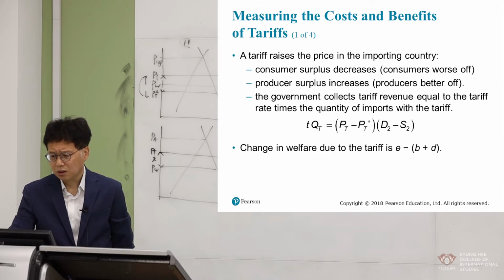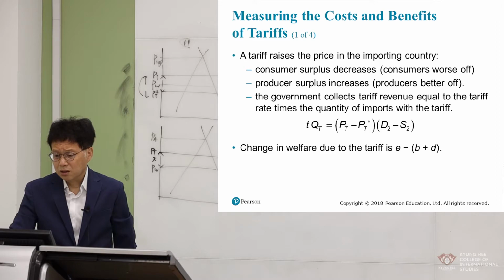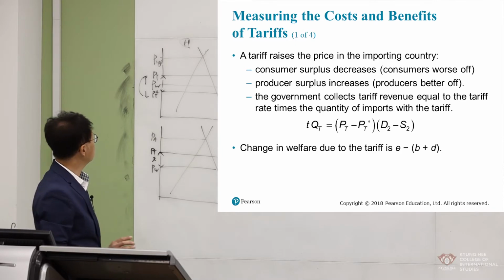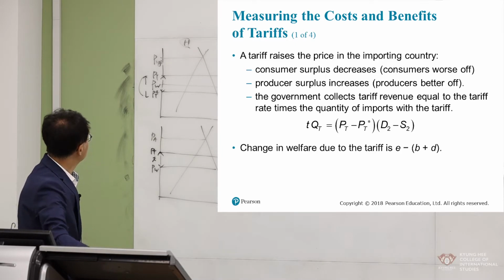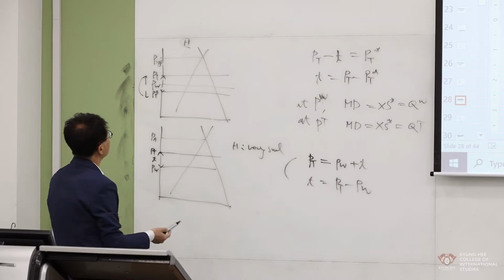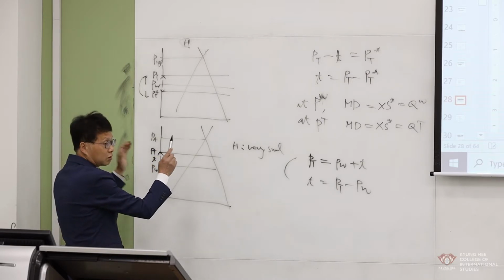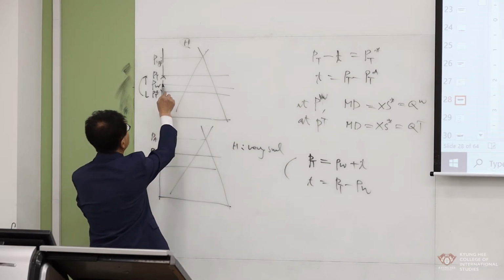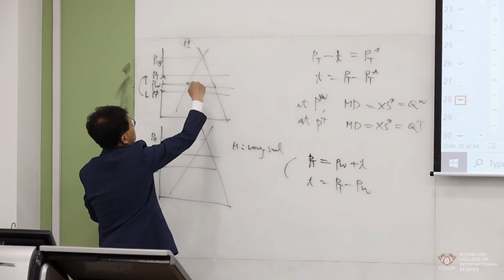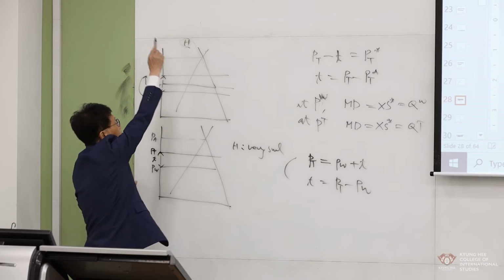So, a tariff raises the price in the importing country. Consumer surplus decreases. I'd like to explain using this graph. In the free trade case, consumer surplus is this area, below the demand curve.